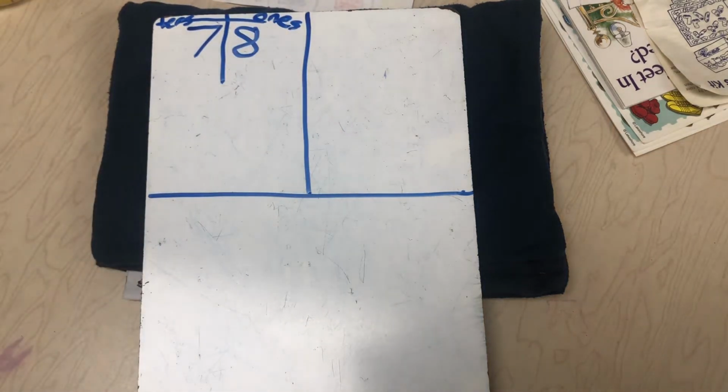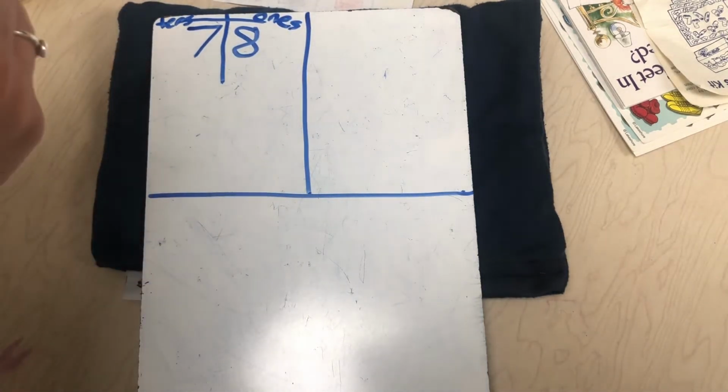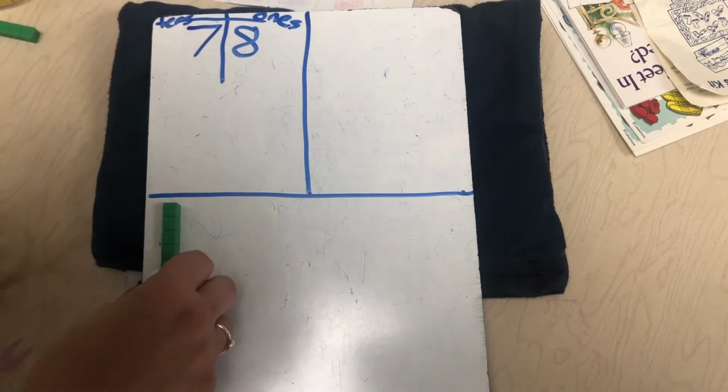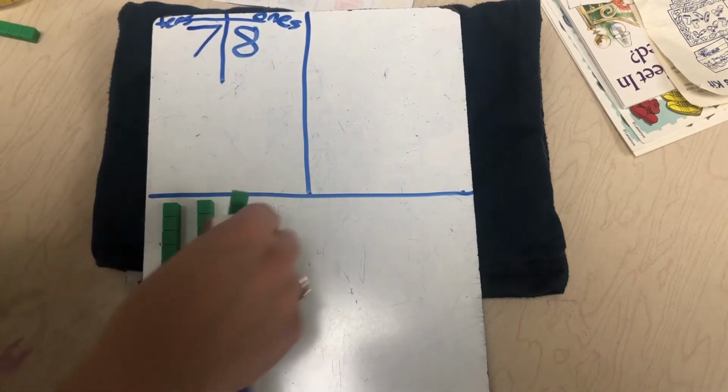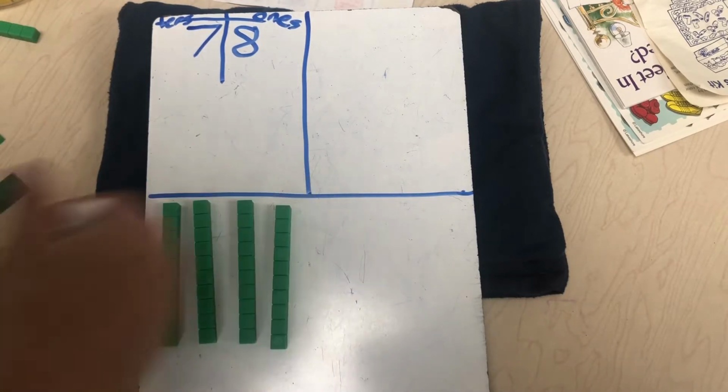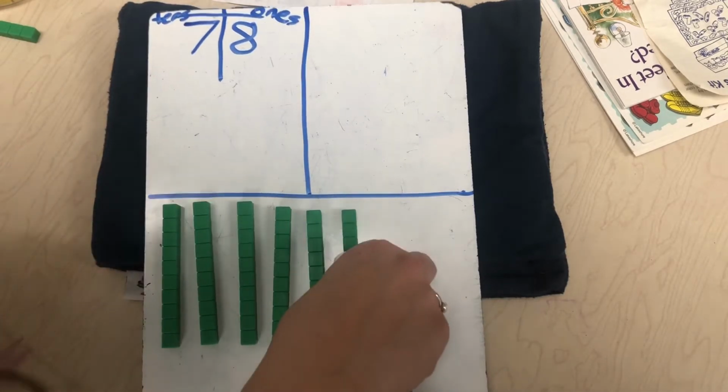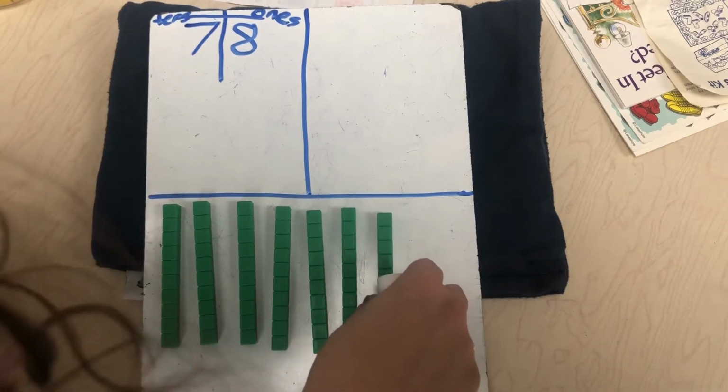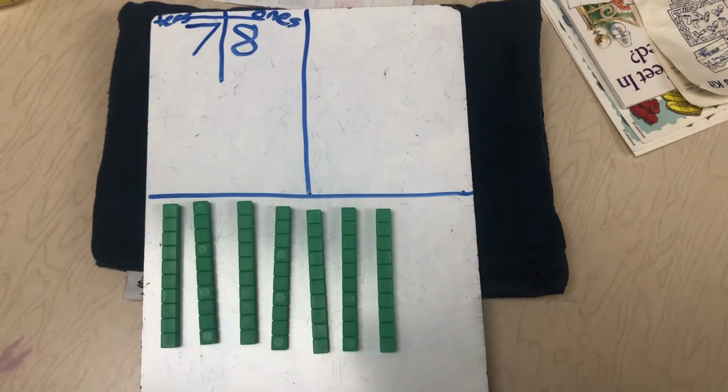So on the 10 side, we have a 7. This is what that looks like. 1, 2, 3, 4, 5, 6, 7. That is 7 tens, because 7 is in the tens place.